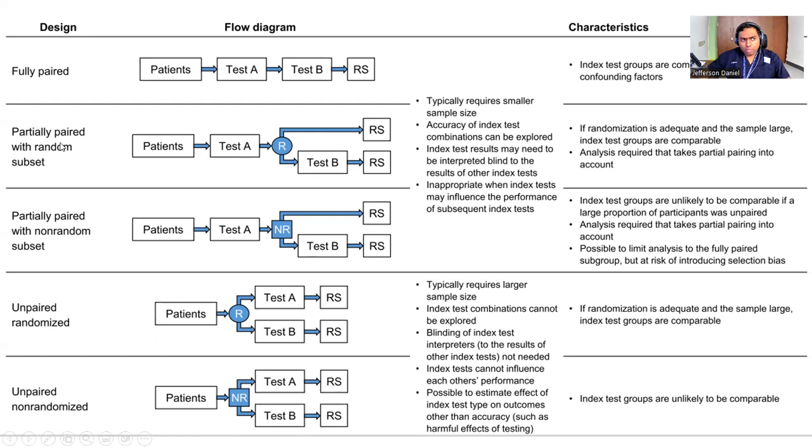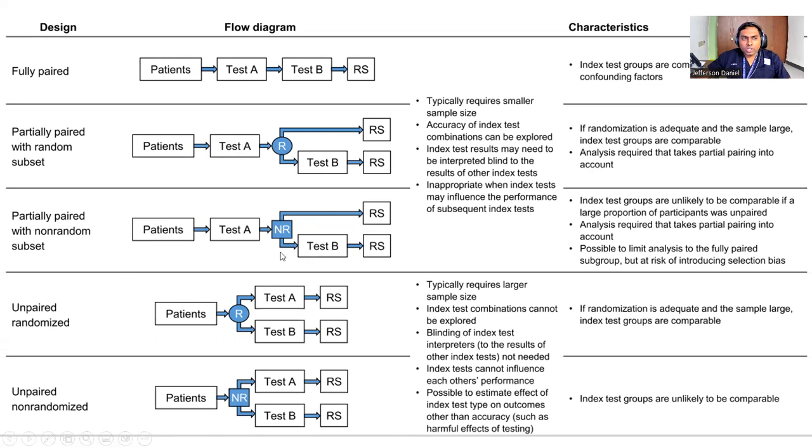So this is partially paired because half of the group of people are going through both test A and test B, but the pairing is randomized. You can also partially pair but not randomize. That's the partially paired with non-random subset. Everybody goes through test A, everybody goes through D-dimer, but you're comparing CTPA and the reference standard is your VQ scan.